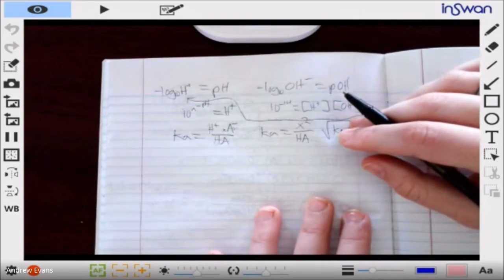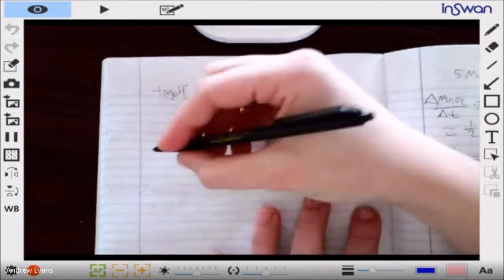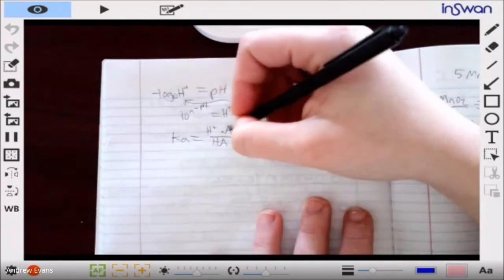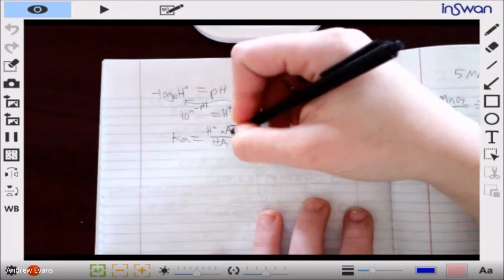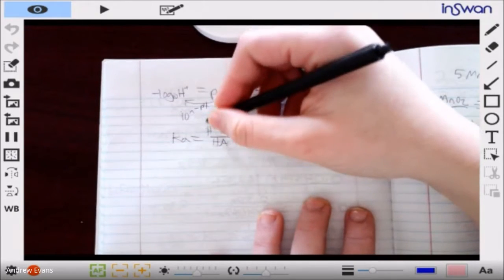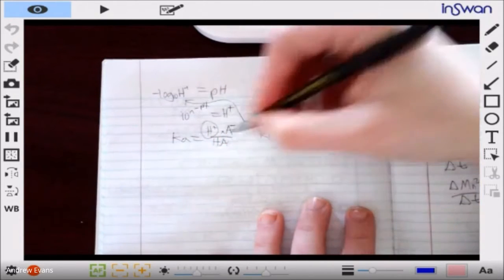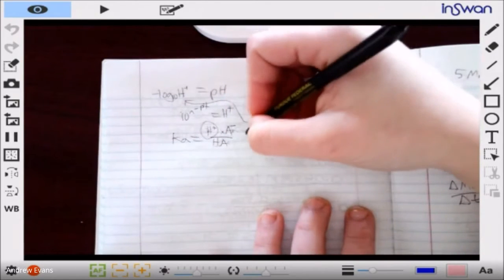This chapter, we started off just the week before spring break introducing buffers, where suddenly we have some amount of conjugate base and some amount of acid, but we don't know this quantity. So no longer are these two quantities equal.